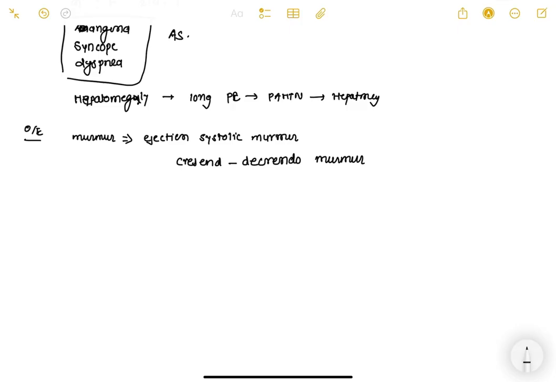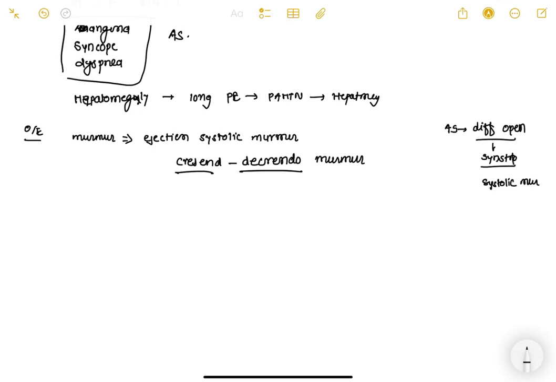Can you apply the cheat code on this? Yes, definitely you can apply. So we say aortic stenosis. Stenosis means difficulty in opening. When it opens in systole, so this is a systolic murmur. Now why is it crescendo and decrescendo?